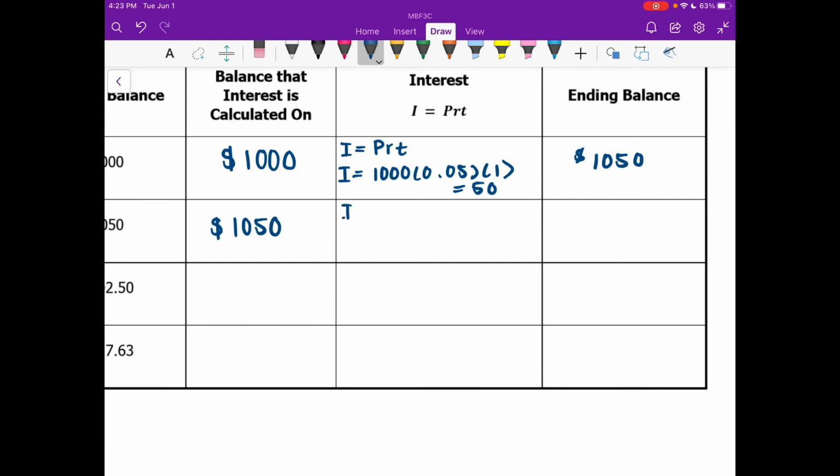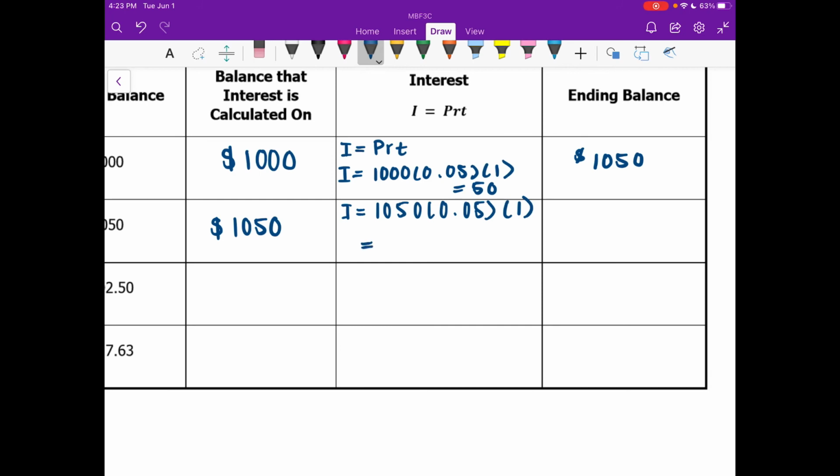So now your interest is going to be I equals P, and your new principal is going to be 1050. Your interest rate stays the same, so it's 0.05. And your time instead of 2 years is going to be 1 because they reinvested it. So it's going to be just 1 year on this new principal balance.